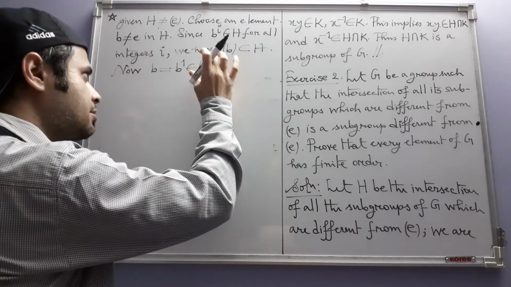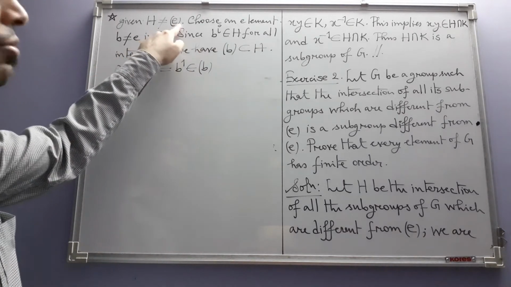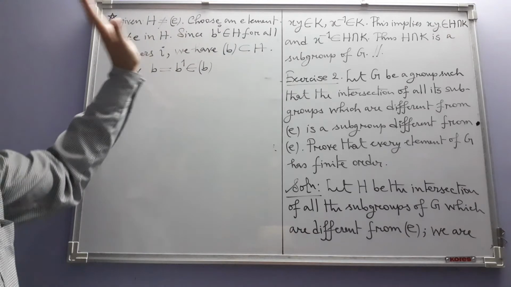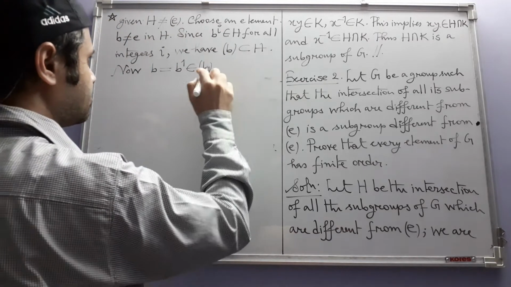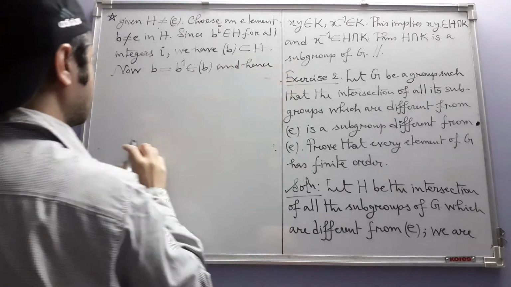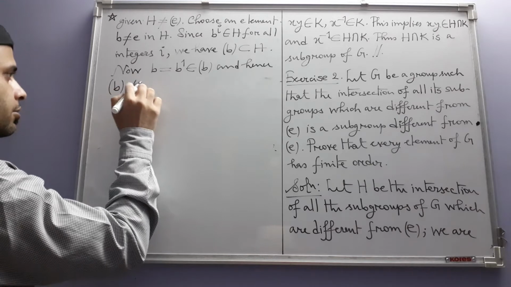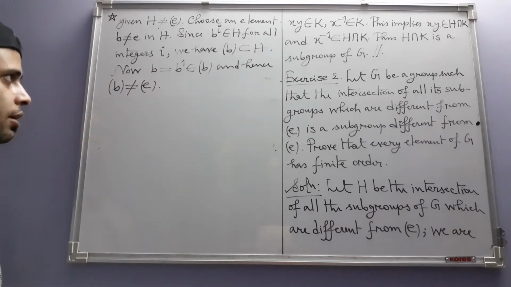So this cyclic subgroup generated by b cannot be the trivial group, which has only the identity element, and hence this is not equal to the trivial group.